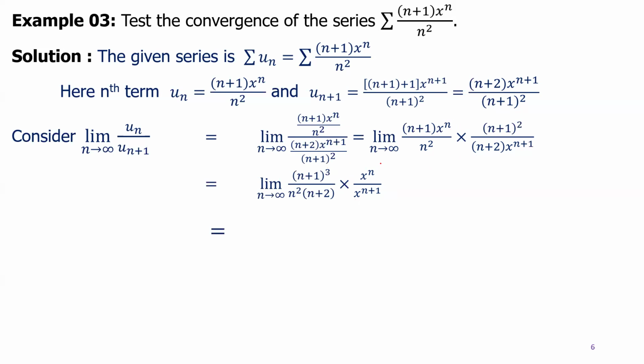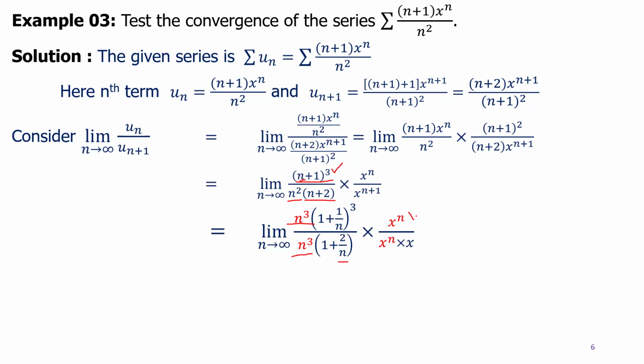Now we take n cube outside from the numerator, so we get n cube times (1 plus 1 upon n) whole to the power 3, divided by, taking n outside, n square into n becomes n cube, times (1 plus 2 upon n).